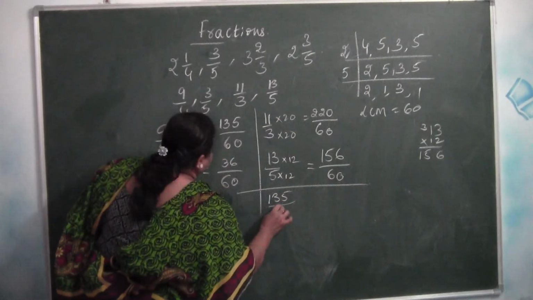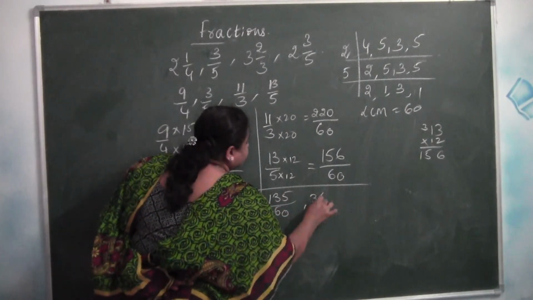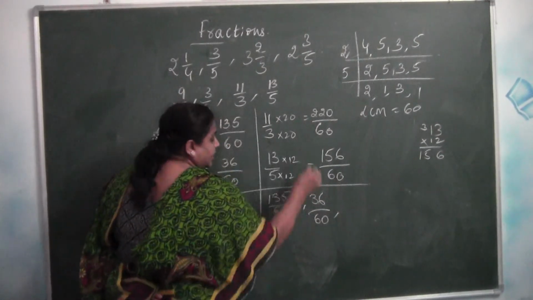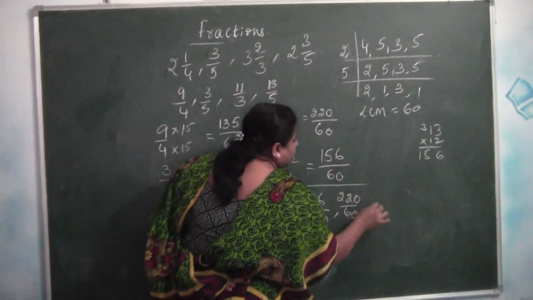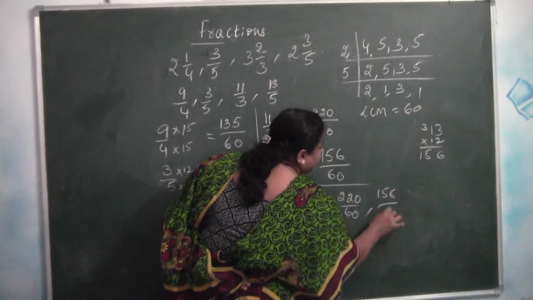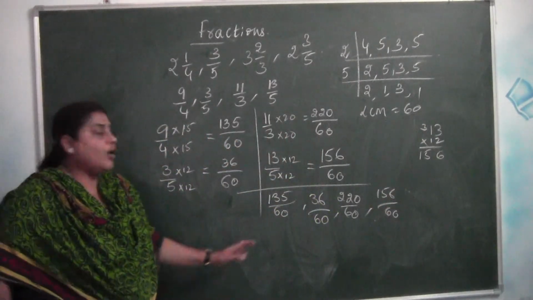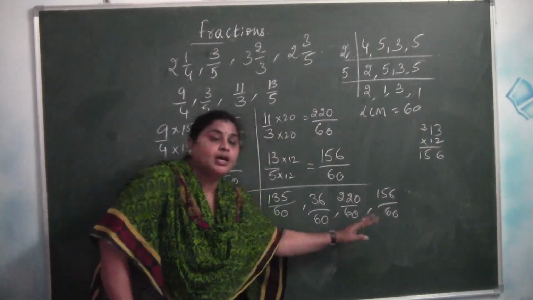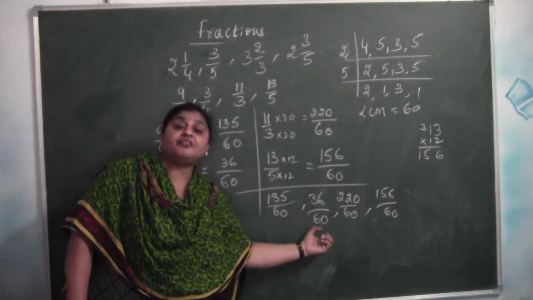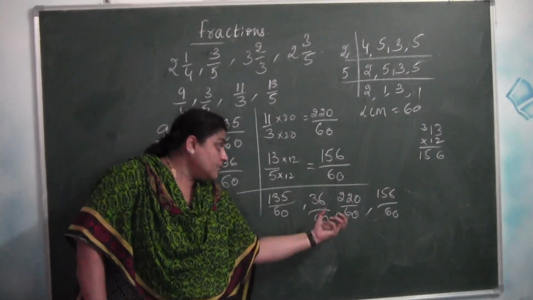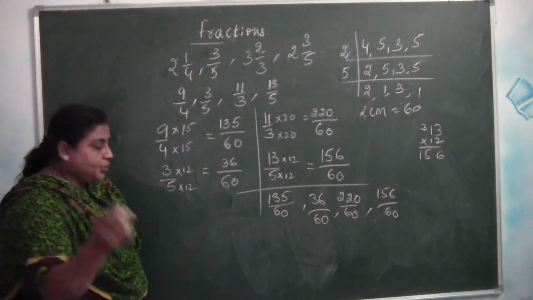135 by 60, 36 by 60, 220 by 60, 156 by 60. Now all the denominators are same. Didn't we convert unlike fractions to like fractions? Right? Now you can compare the numerators.